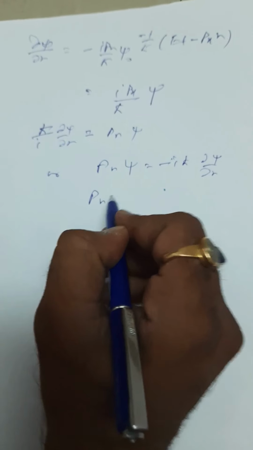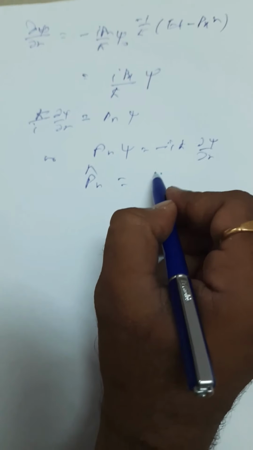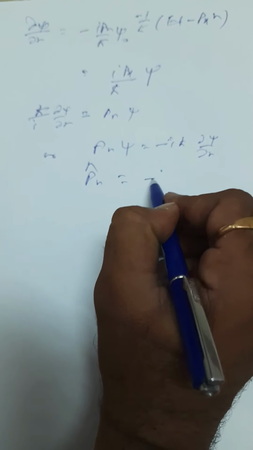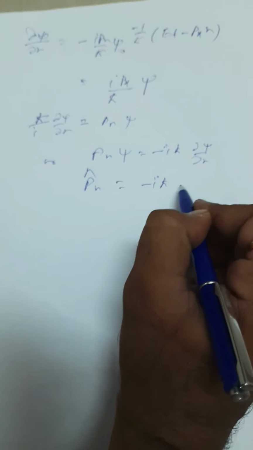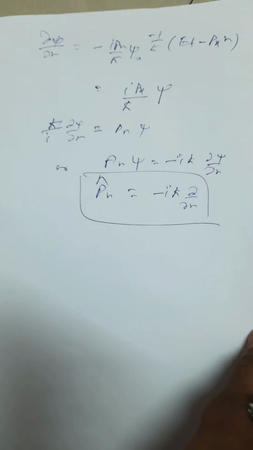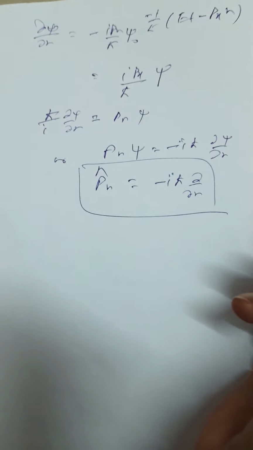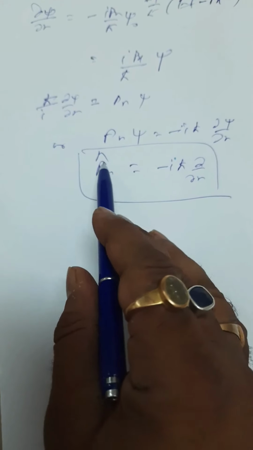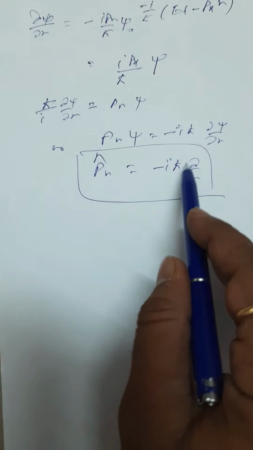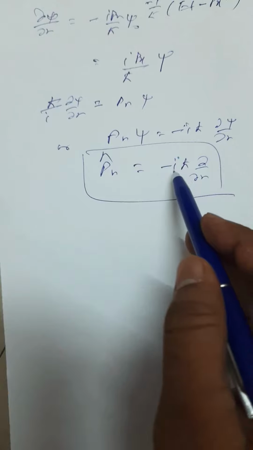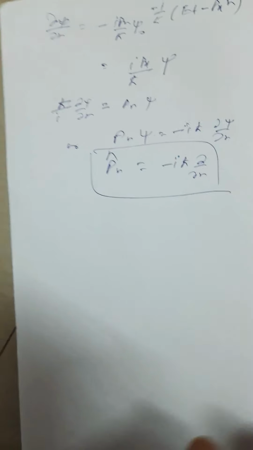So from here we can assume the operator p subscript x is equal to minus i h cross del by del x. This is the momentum operator, and it can be used in component form also. In place of x, we can write the p subscript y operator equal to minus i h cross del by del y, or p_z equal to minus i h cross del by del z, as we wish.